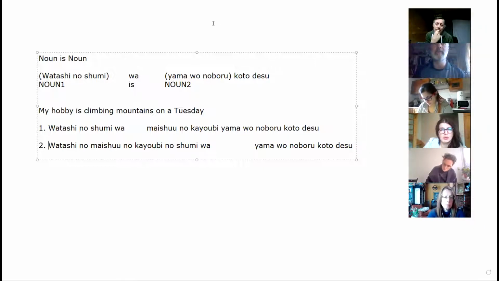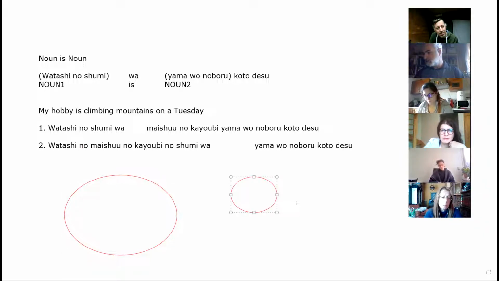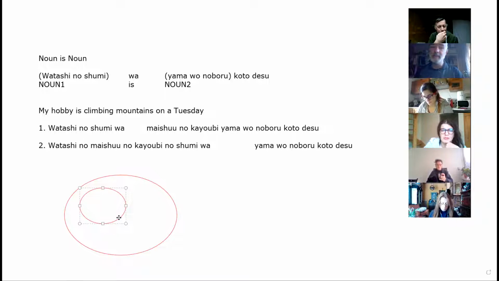I won't do a proper Venn diagram, but these are your hobbies, and then there's a subset which is Tuesday hobbies, and the entirety of that Tuesday hobby is climbing mountains.